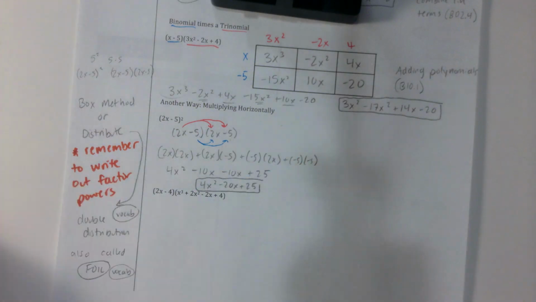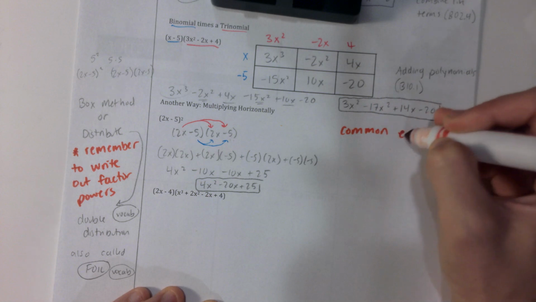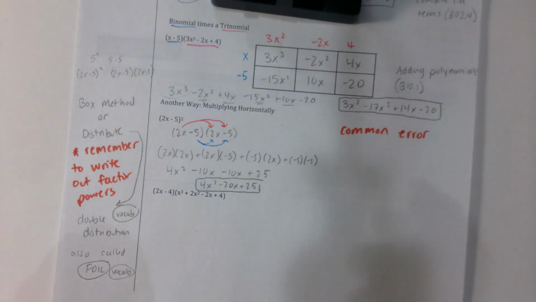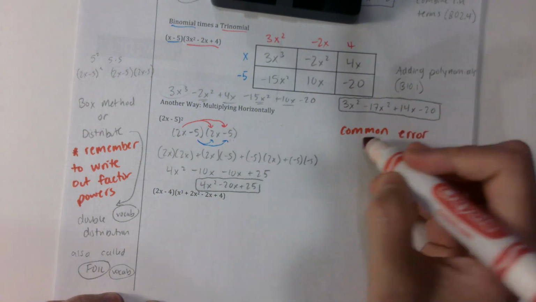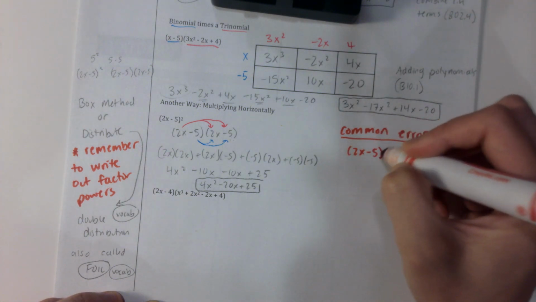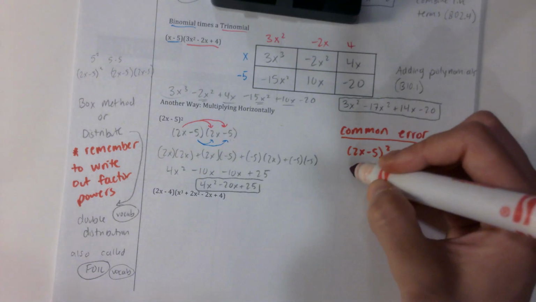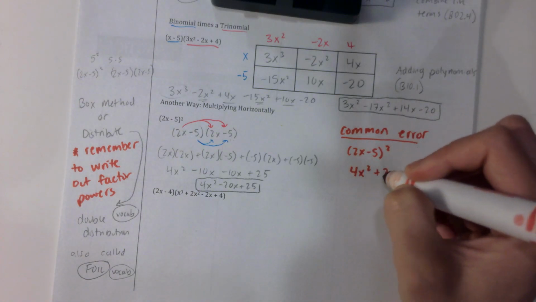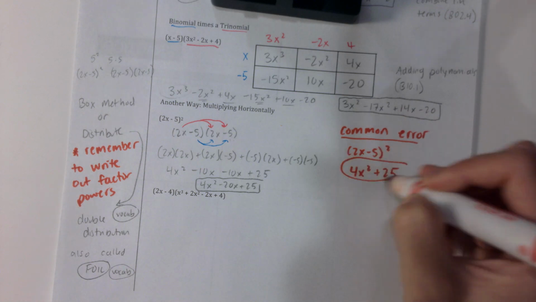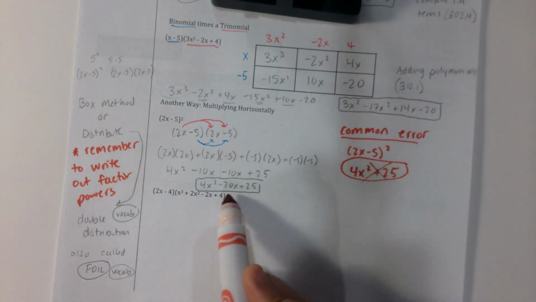Okay, let me show you this common error. I've seen kids all the way up and through calculus, so seniors do this all the time. So they do 2x minus 5 squared. They see that, and they square both ones individually, and they get 4x squared plus 25. But that's wrong because they're missing this middle term right here.